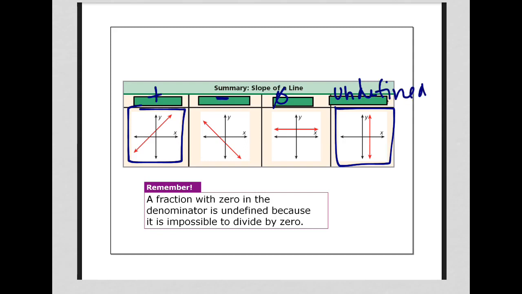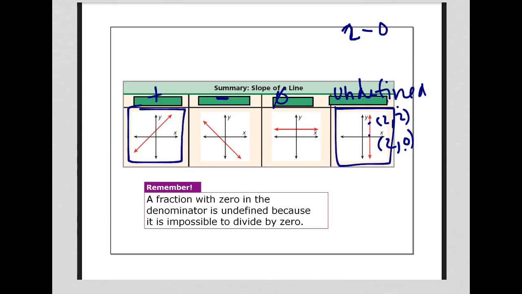Undefined. Okay. And that's because, let's say our point up here was (2, 2). And let's say our other point that we're using down here is (2, 0). If we plug that into our slope formula, we take our change in y, which would be 2 minus 0, right?